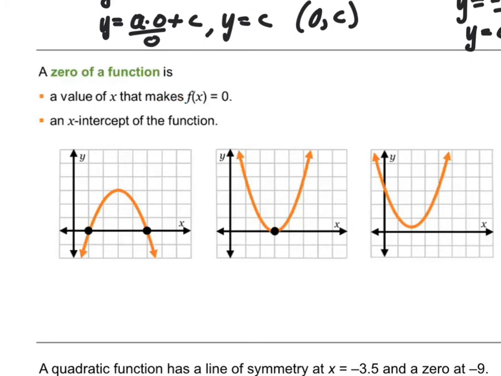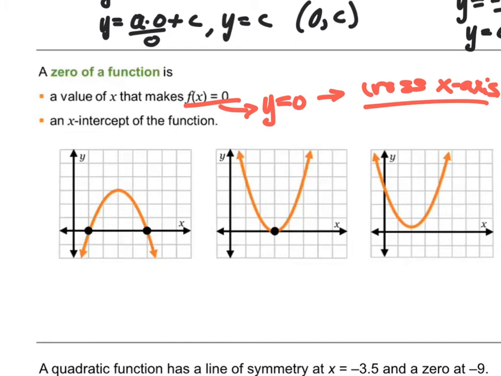Now that doesn't really make a whole lot of sense, but this is saying when you have f of x equals 0, that's like saying y equals 0. And when y equals 0, that's when you cross the x-axis. So a zero of a function is where it crosses the x-axis, or also an x-intercept of the function.